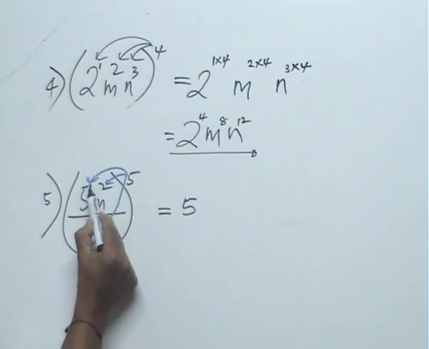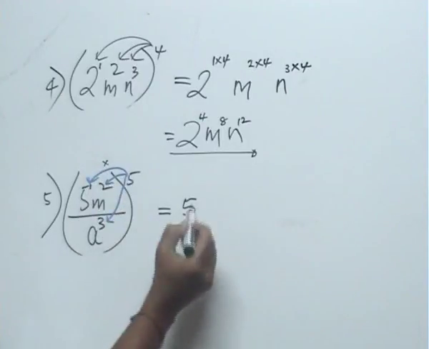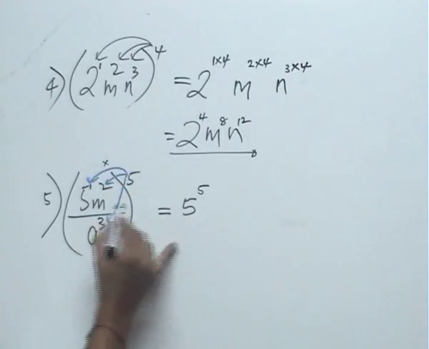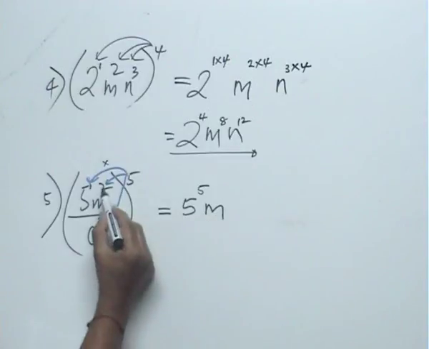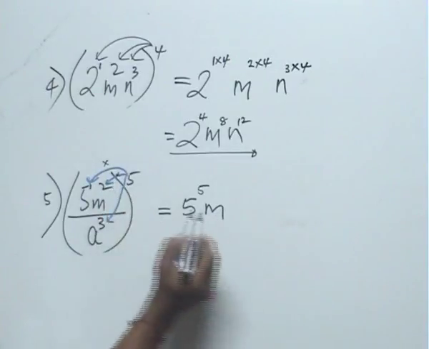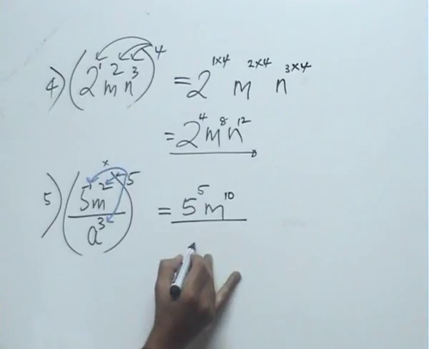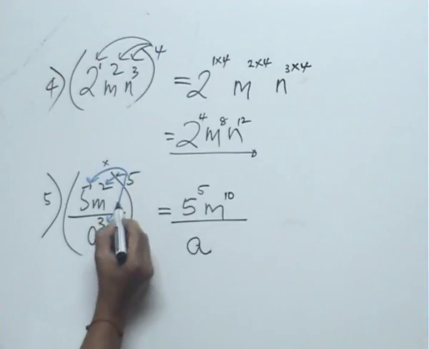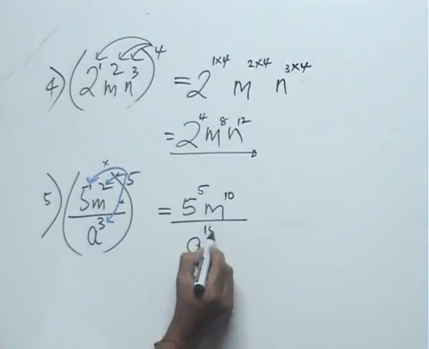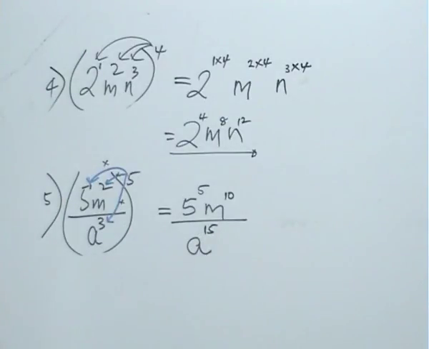There's a 1 here. 1 times 5 is 5. Then there's an m. 2 times 5, 10. That's upstairs. Now downstairs, you got an a. 3 times 5, 15. Alright. Now watch the next example very carefully.